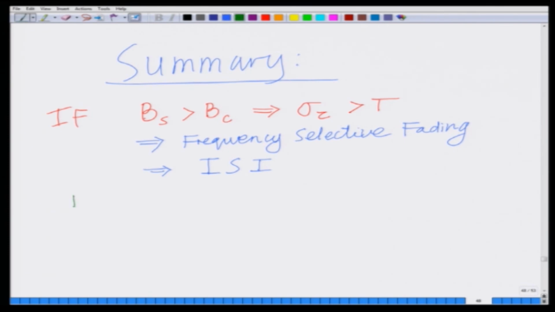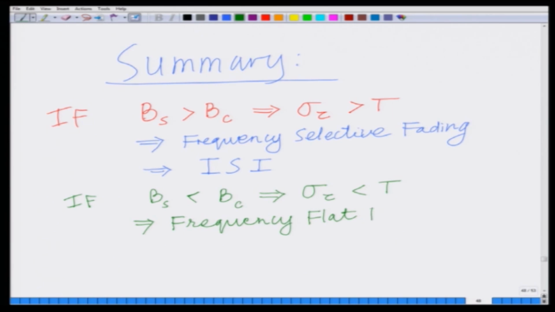On the other hand, if Bs is less than Bc, that implies sigma tau is less than T, the delay spread is less than T, which implies basically frequency flat fading and which also implies no ISI.